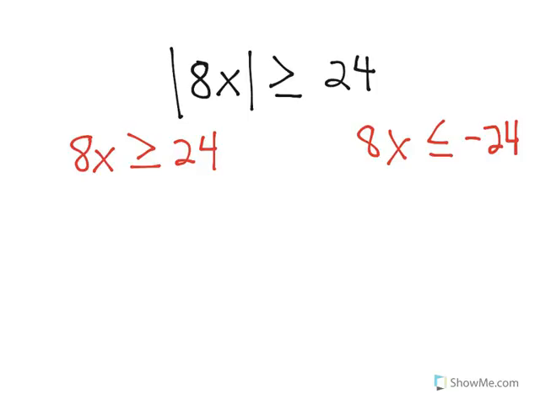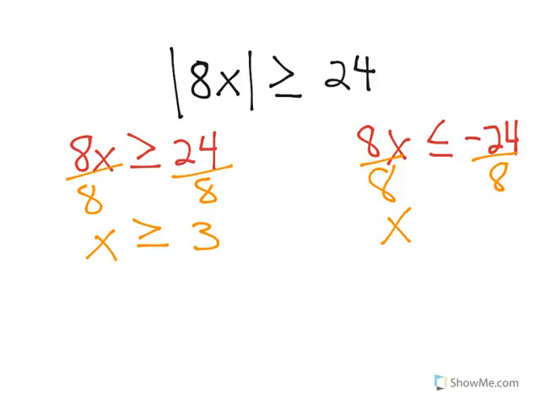So now we'll go ahead and solve each one of those, and we divide through by 8, and we get x is greater than or equal to 3. And on this one, we'll divide through by the 8, and we get x is less than or equal to negative 3.